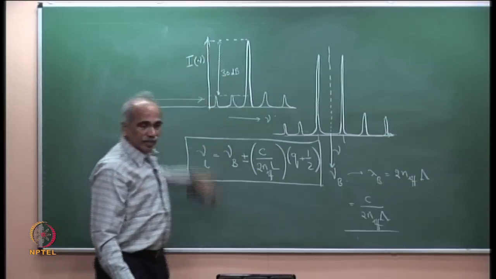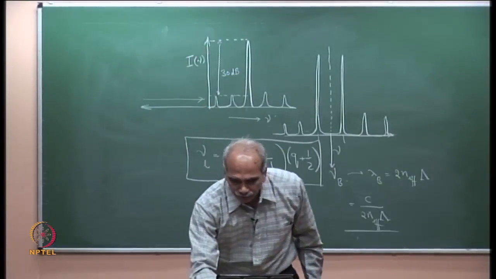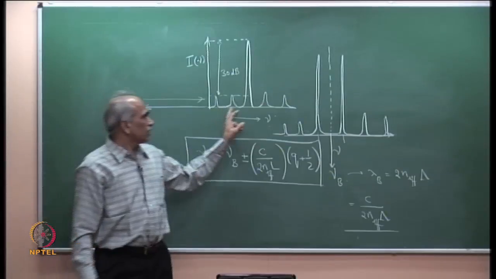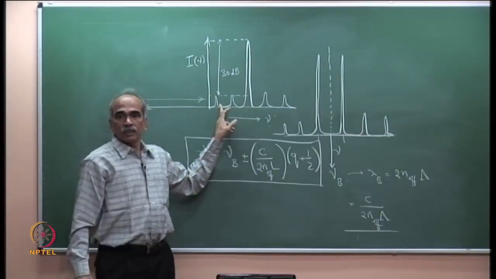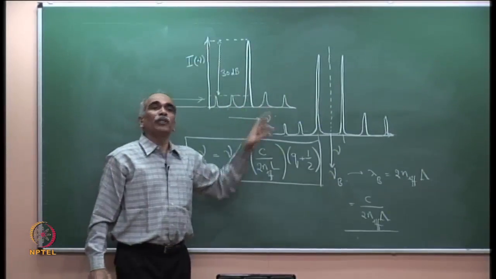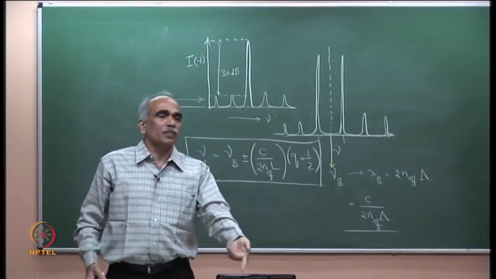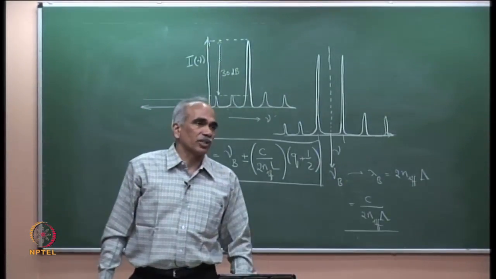And this is characterized by a parameter, I think I have shown here, the side mode suppression ratio. So, these are the side modes, and this is the side mode suppression ratio. When you buy a DFB laser, this specification is always given.